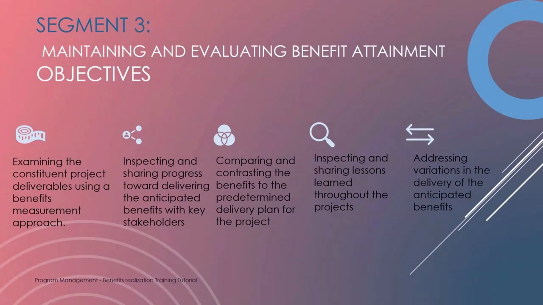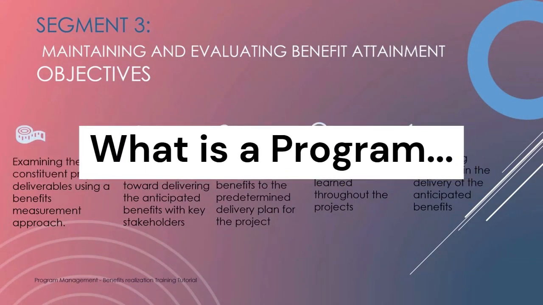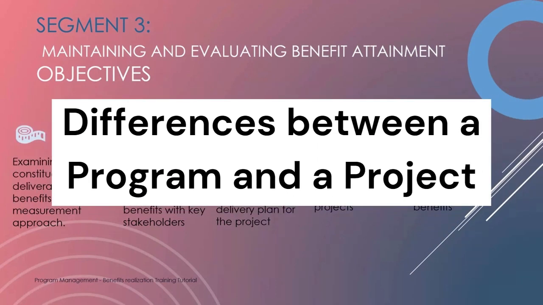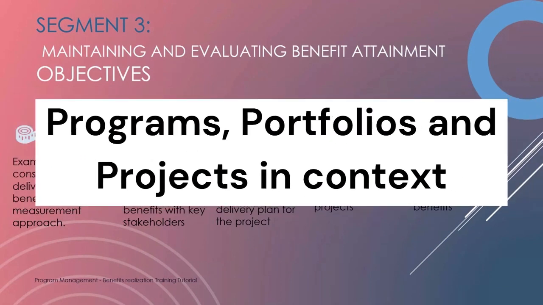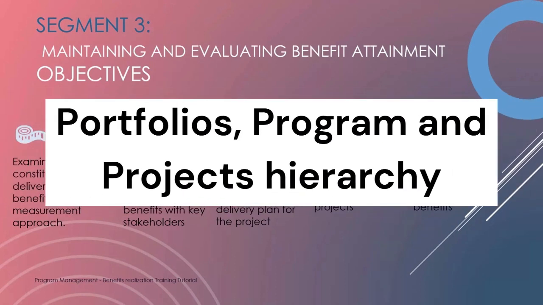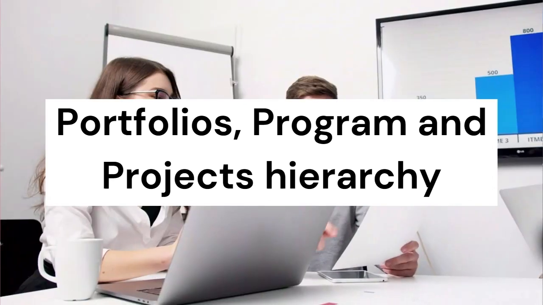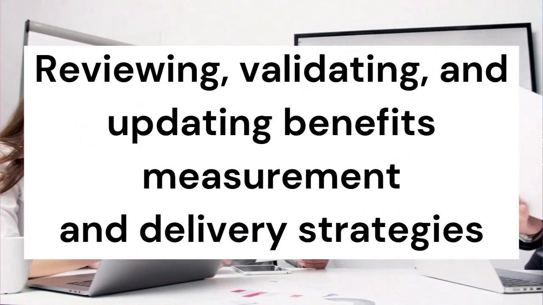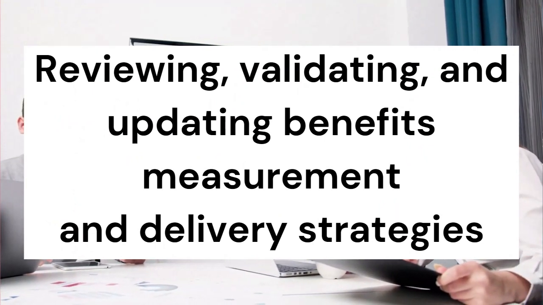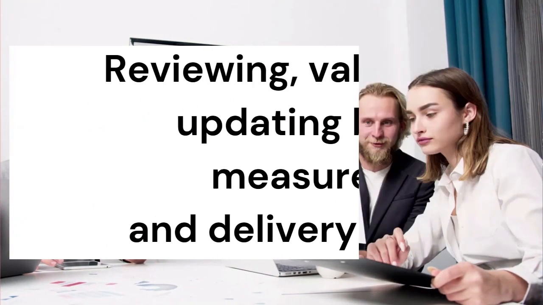Other segments in the series have covered topics such as what a program is, the differences between a program and a project, programs in the context of portfolios and projects, the portfolio, program, and project management hierarchy, steps for reviewing, validating, and updating the benefits measurement and delivery strategies.